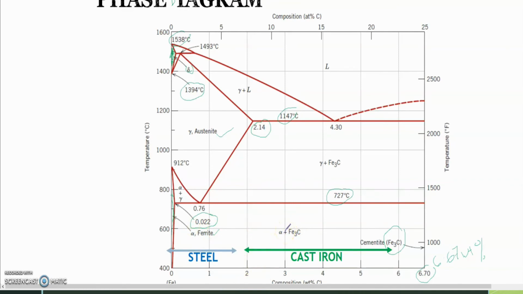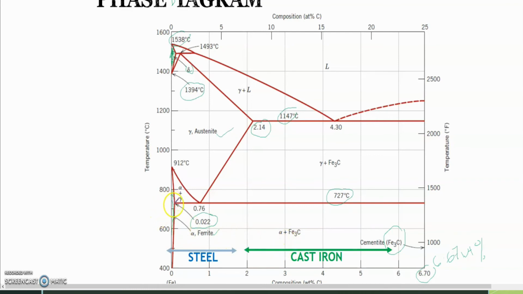It is a product of the eutectoid reaction that occurs at 727 degrees Celsius in which austenite is transformed into alpha ferrite and cementite. So, daripada austenite, dia jadi perlite lah.